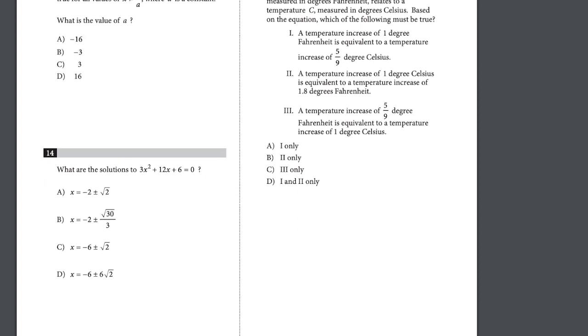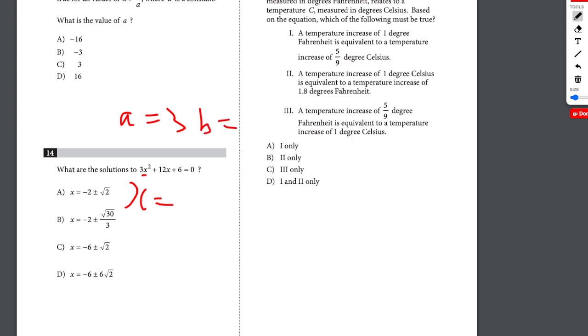Okay, 14. What are the solutions to this equation? Alright, y'all, quadratic formula time. And we have to use it because, just based on the way our answer choices look, it looks like we have to use it. So x is equal to, and I'll write it out here. Our a is 3, because this is a 3. Our b is 12. This is a 12. And our c is 6.